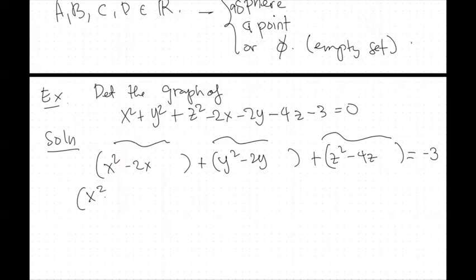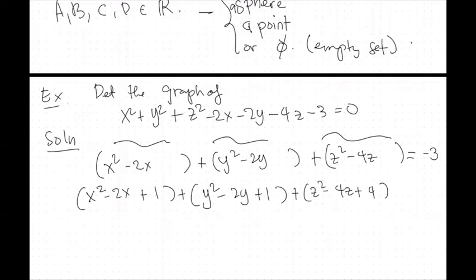So what do we add? For x squared minus 2x, you complete the square as in Math 27. We take negative b over 2a, squared.